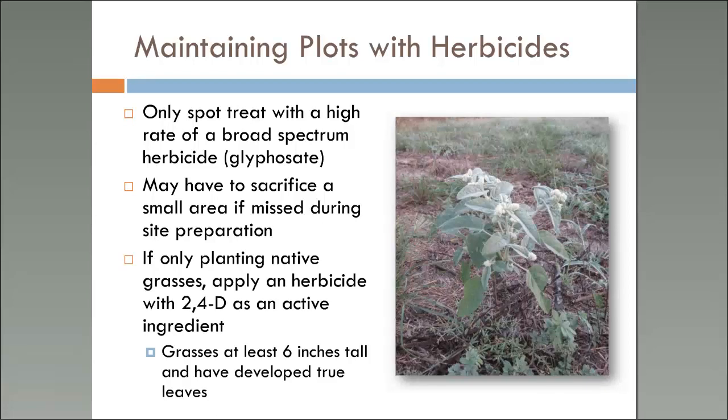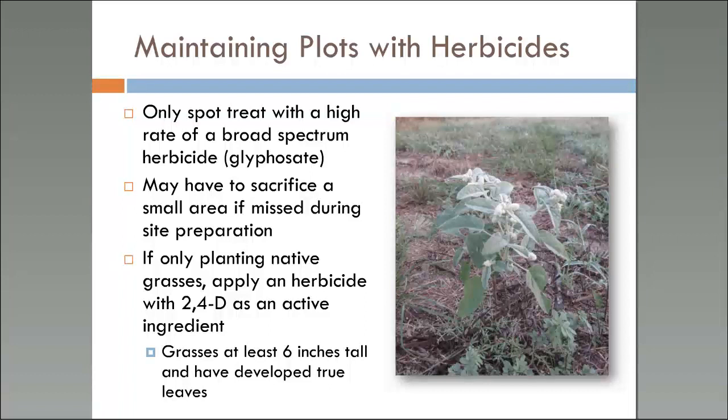So if you only planted native grasses, and again, we don't do that often because typically we're interested somewhat in wildlife who utilize forbs very heavily, but if you only planted native grasses, you could apply an herbicide with 2,4-D as the active ingredient, and you do need a license in order to apply or purchase a 2,4-D product.